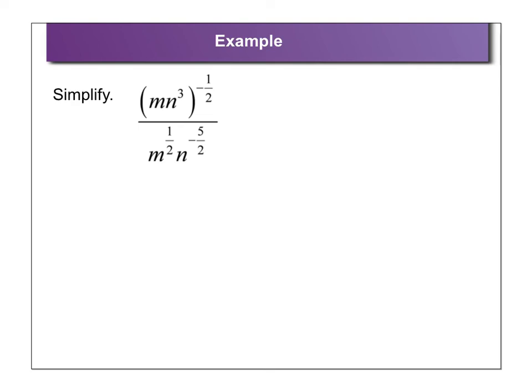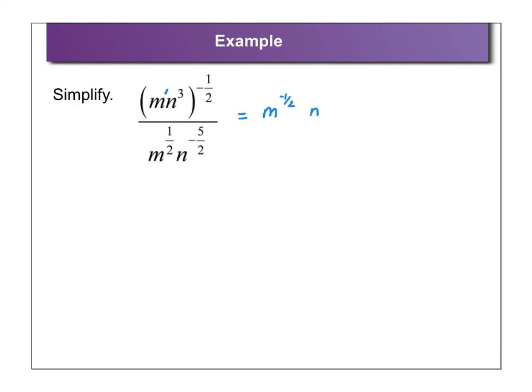If I want to write the m as a power, keep in mind that there is an exponent 1 attached to the m. The next thing we will want to remember is that when we're taking the power of a power, we actually multiply the exponents. So my m term will end up having an exponent of 1 times -1/2, which is -1/2.